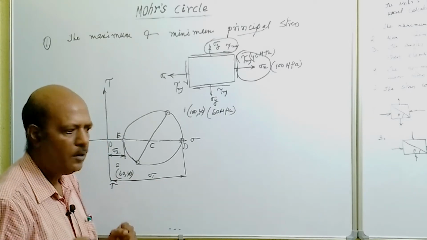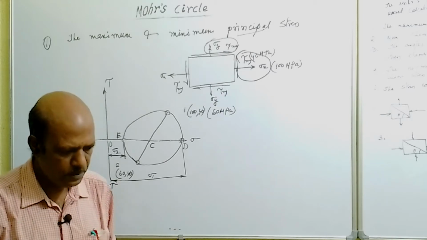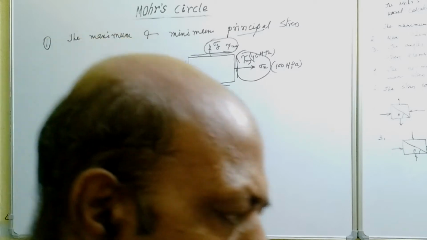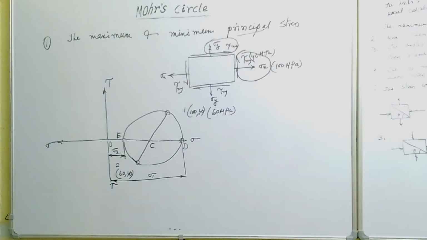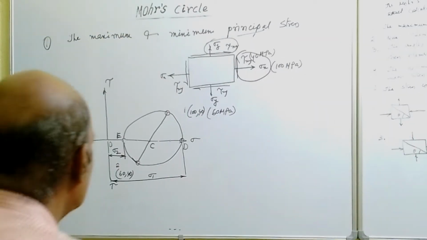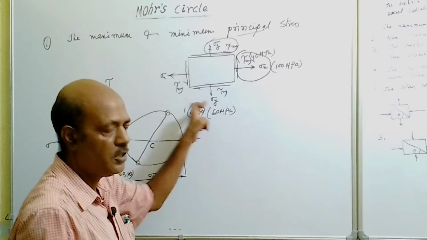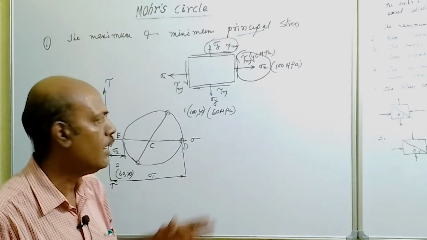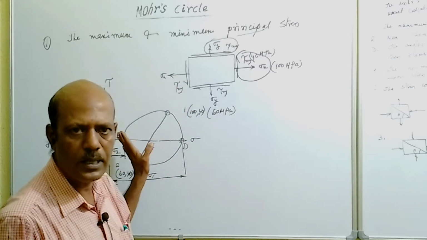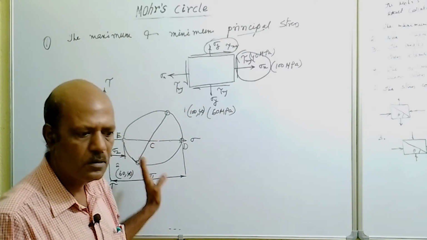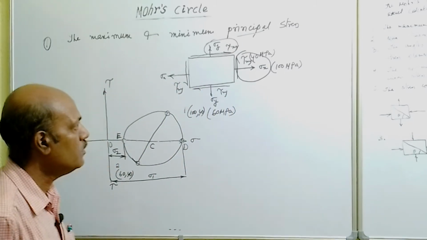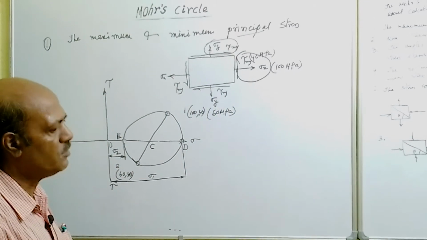So in this way we can find the principal stresses which exist because of the stress system acting on the body. Any problem you take, solve by following the various steps, so you will get the result. Next we will see the maximum shear stress.